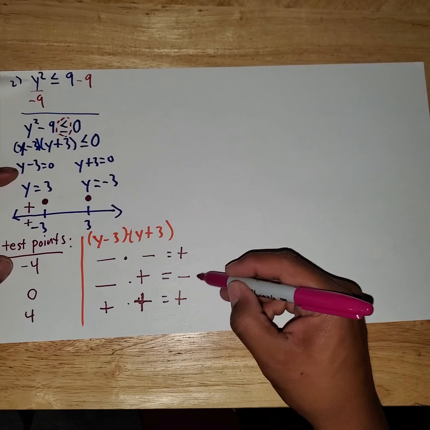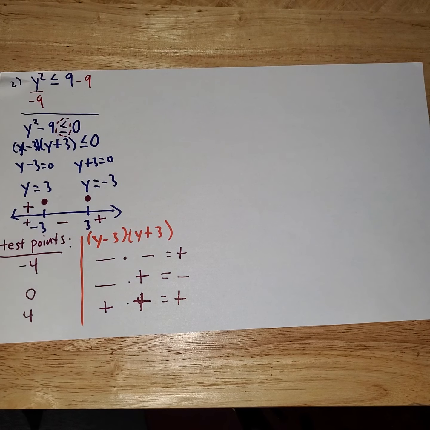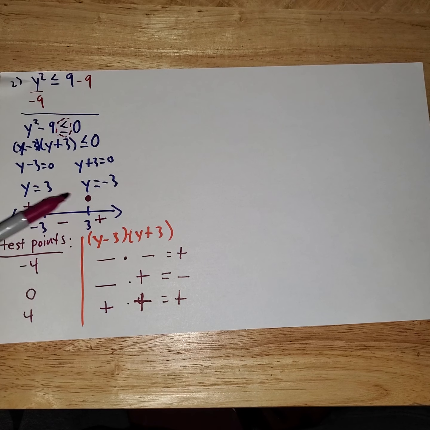So I forgot to say here, in this interval it's negative, and in this interval it's positive. But if we look back, we have closed circles because we want it to actually be equal to 0, but we want y's that are less than 0. So that means things that are less than 0 are negative numbers.